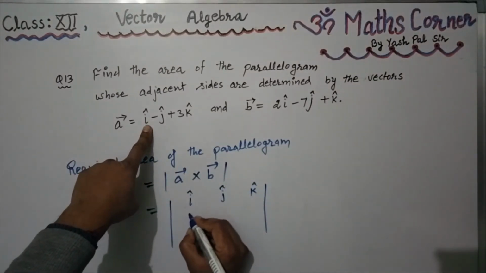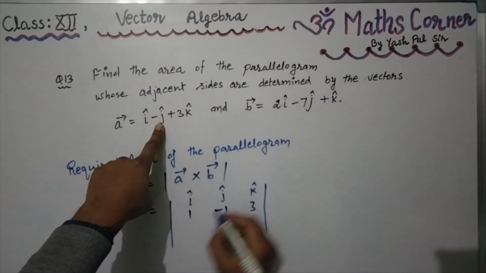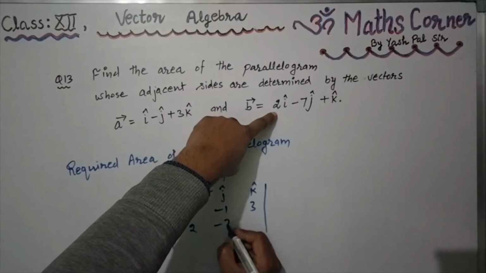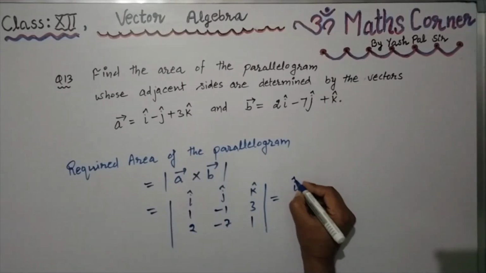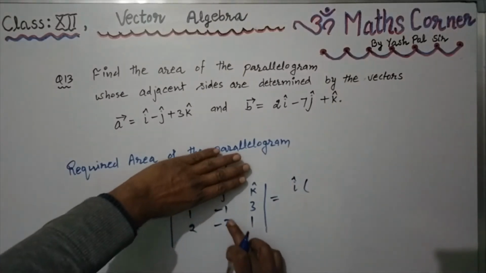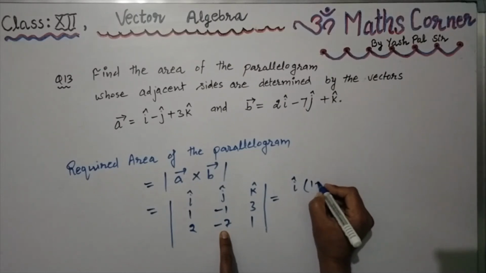Okay, so this is equal to, we say, i j k. Coefficients of A are 1, minus 1, 3. Here coefficients of B are 2, minus 7, 1.